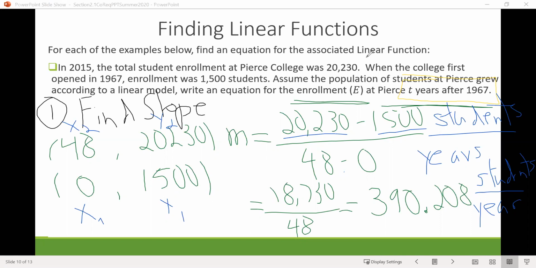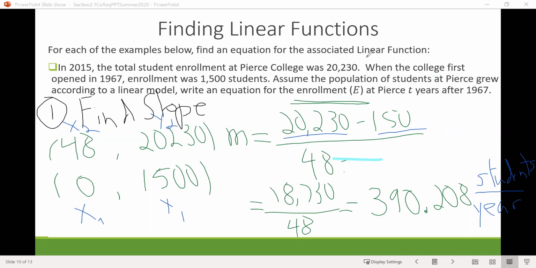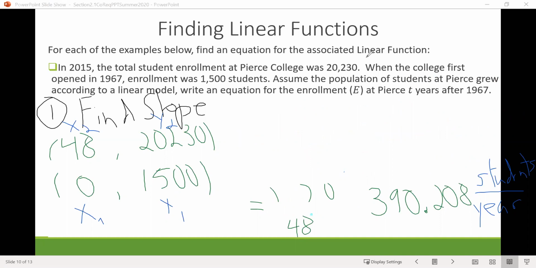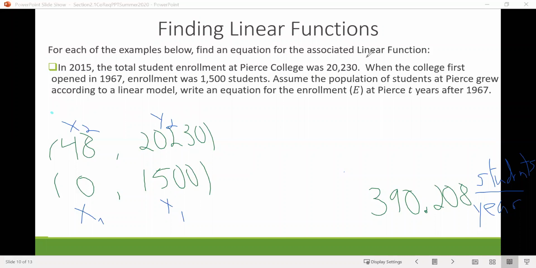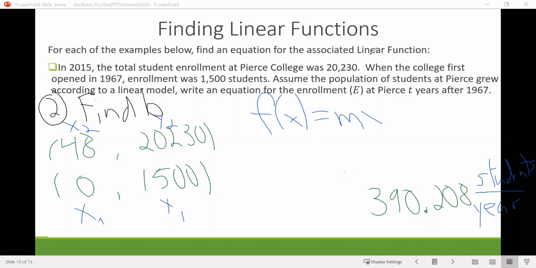Okay, next thing we need to do, like we did in the last one, is find our vertical intercept, our value for b, or our starting value. So I'm going to erase some of this stuff. Now we need to find the value for b. We could do like we did in the last one: choose a point, plug it into f of x equals mx plus b with the slope, and find b.